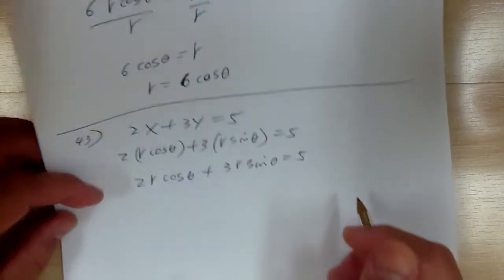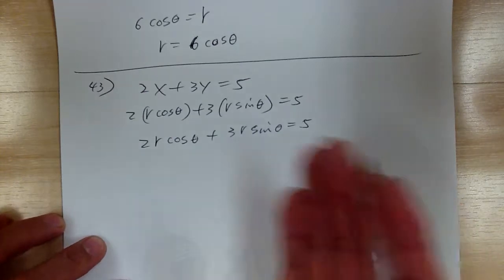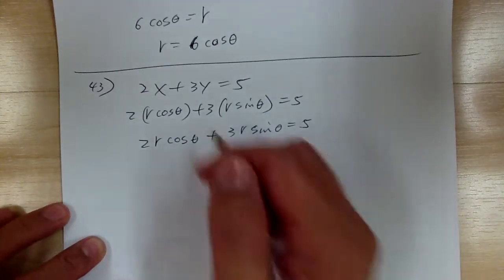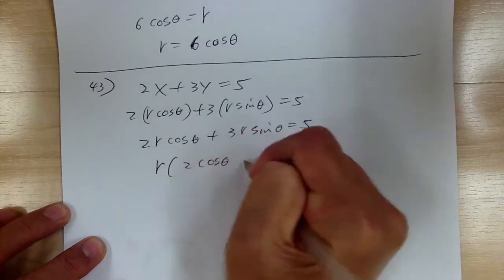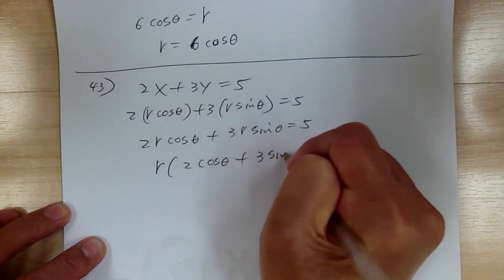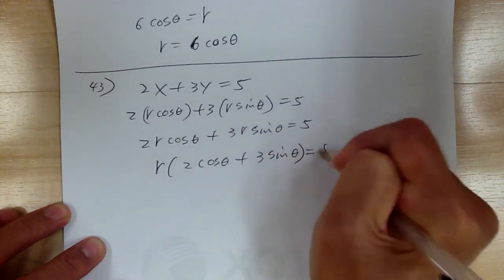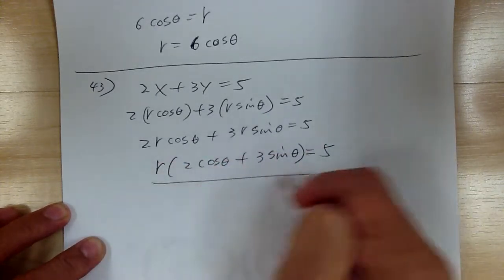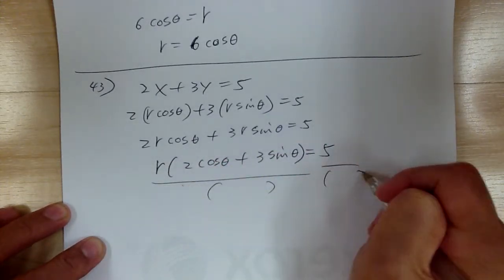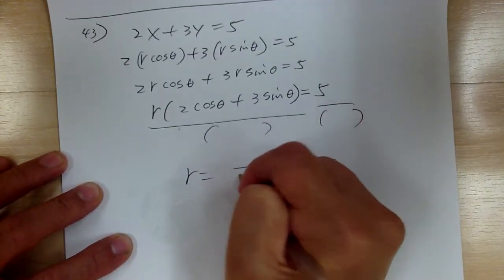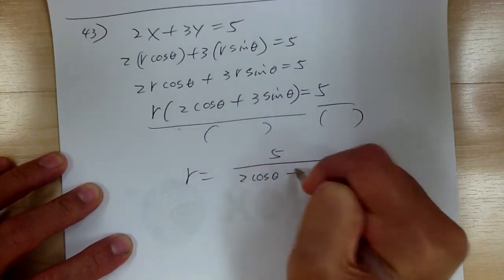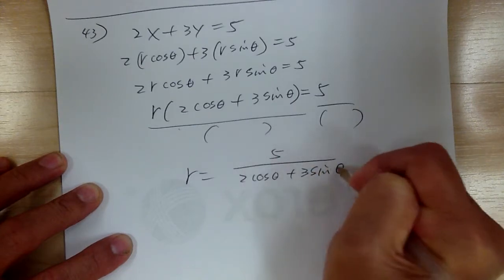Again, in polar form, you normally want r on one side and everything else on the other, so factor out the r. You get r times 2 cosine theta plus 3 sine theta equal to 5. Then divide by the parentheses, so r equals 5 over 2 cosine theta plus 3 sine theta.